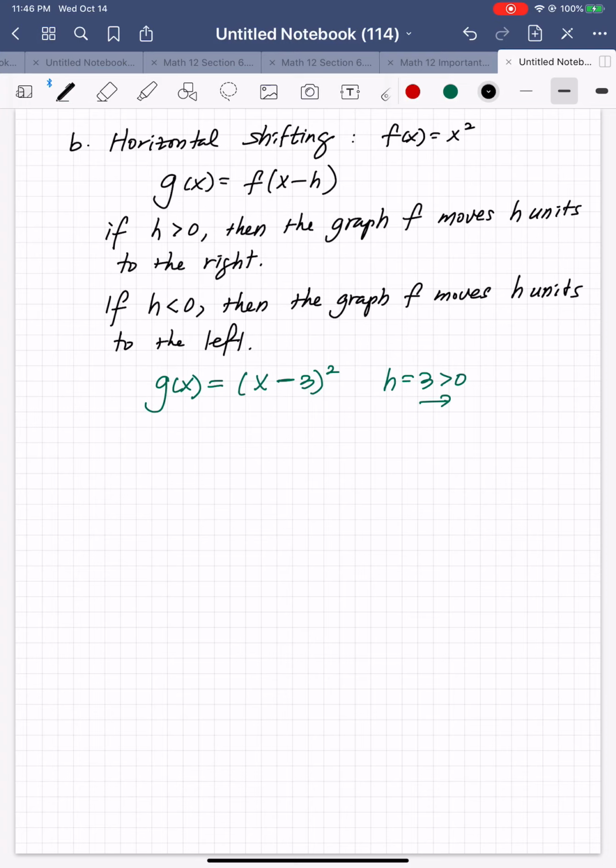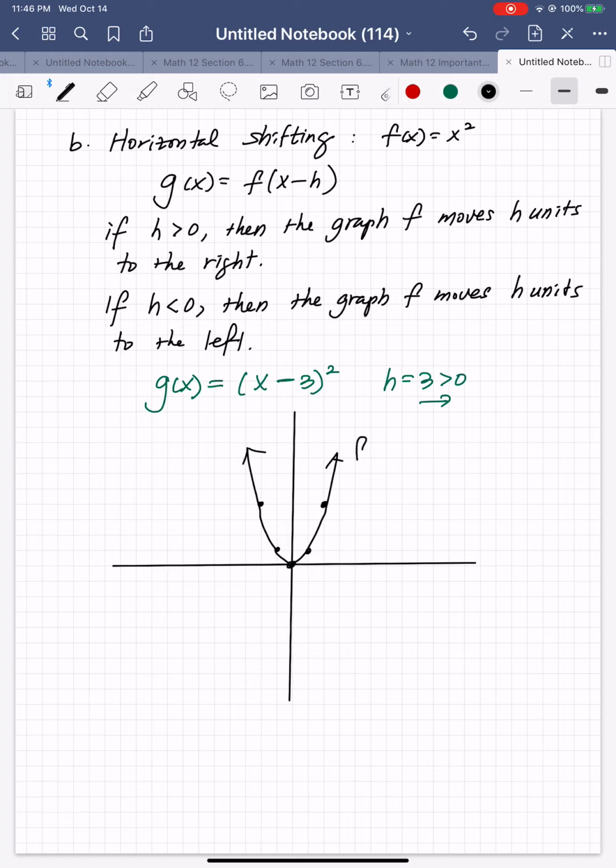So if I put it in the plane, from the graph of 0, 0, which is the x squared function, 2, 4, negative 1, 1, and negative 2, 4. This is the parabola of the f function. Now, as a g function, I'm going to move the points from the f function 3 units.